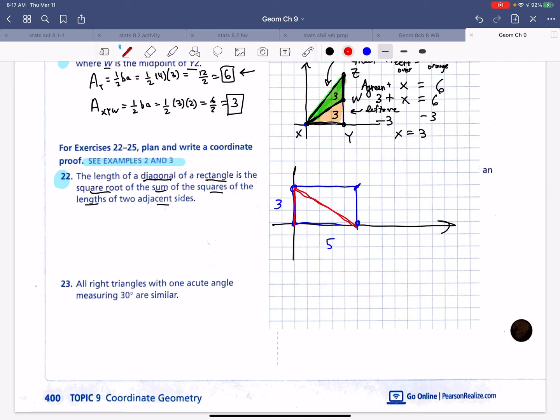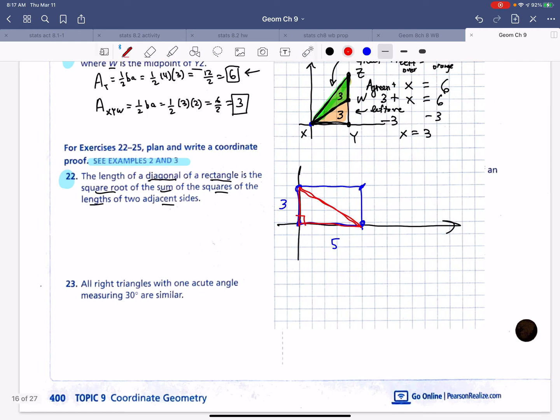So let's call this A, and when we did this, we called that B. So essentially the length of that line, we'll call that BD, is equal to 3 squared plus 5 squared, and take the square root. If we change to letters, it's equal to the square root of A squared plus B squared. We proved that in class. So they're saying the same thing: that it's the square root of the sum of the squares of the lengths of the two sides. That's exactly what that's saying.